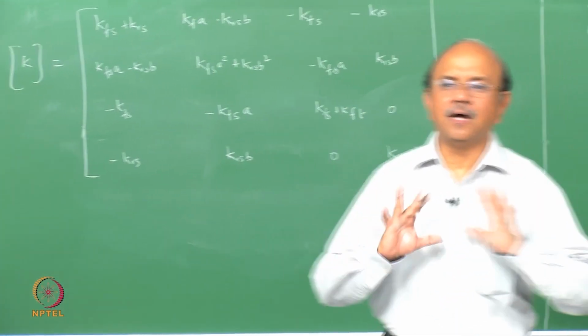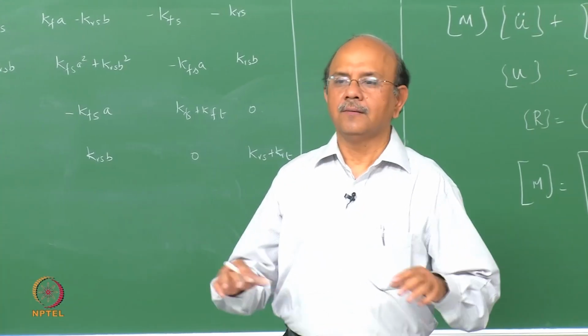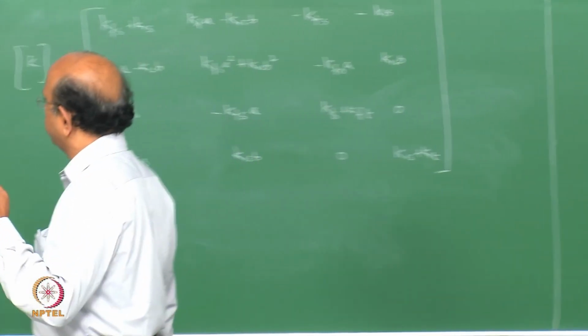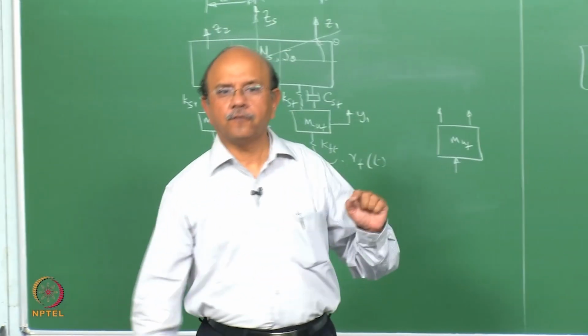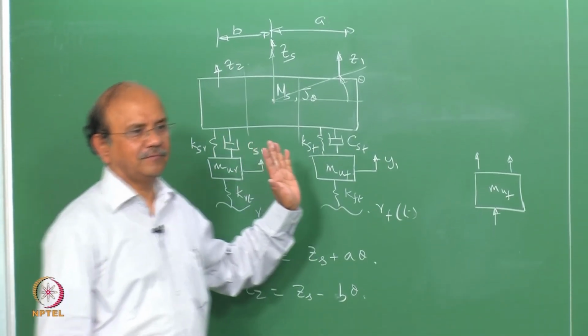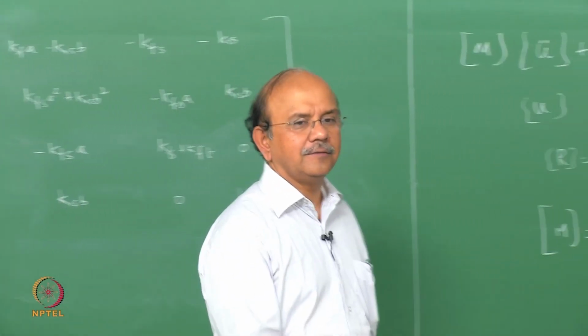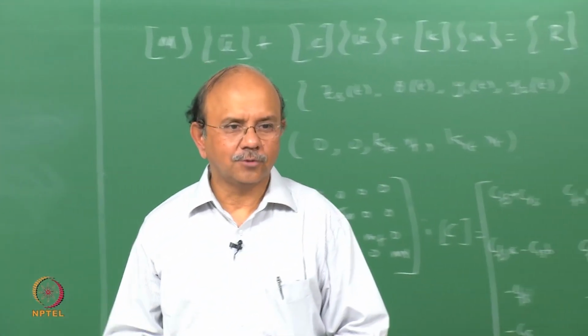So this is a complete half car model. In fact, just for the fun of it, write down equations for a full car model. It's possible to solve. It's not very difficult. You can solve that as well.